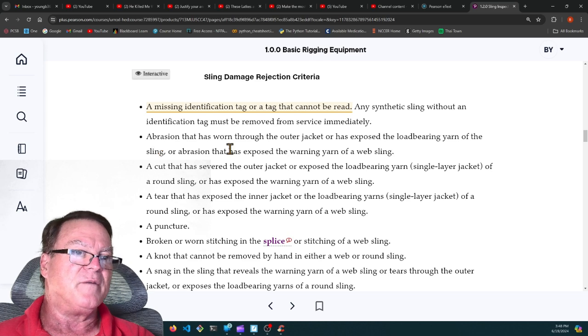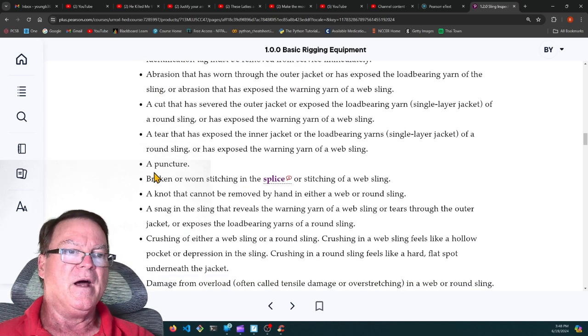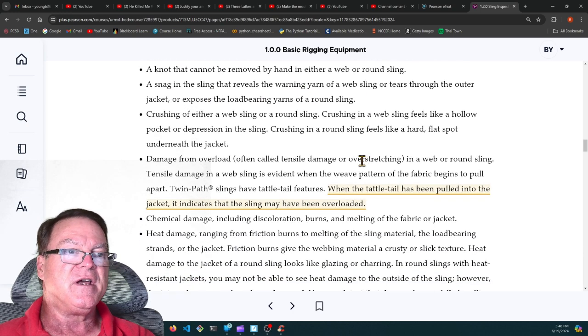And then they have abrasions or cuts or tears, a puncture, broken or worn stitching, a knot that cannot be removed by hand, a snag in the sling that reveals the warning yarns, crushing of either a web sling or a round sling, damage from overload.